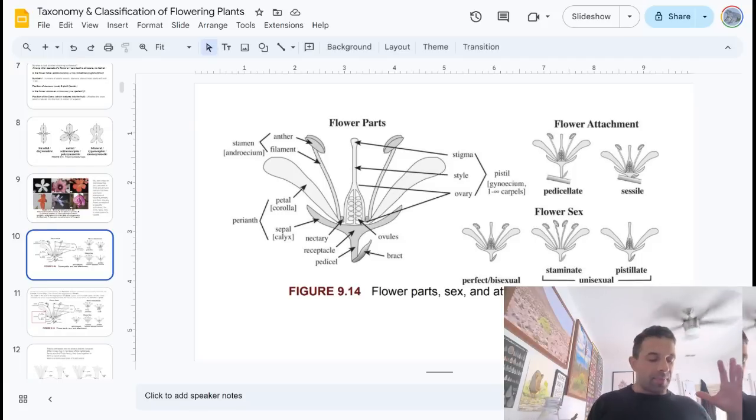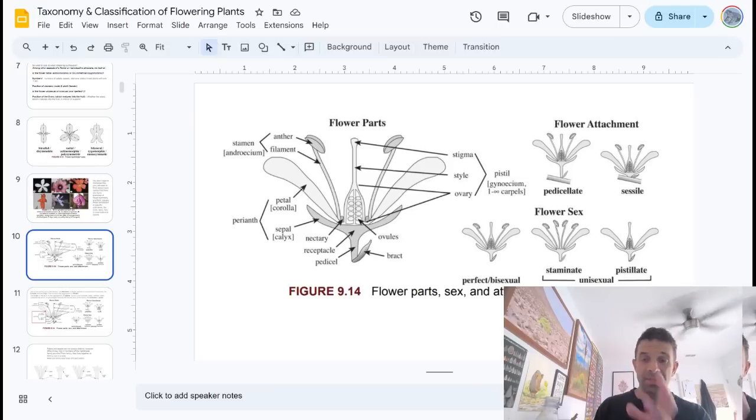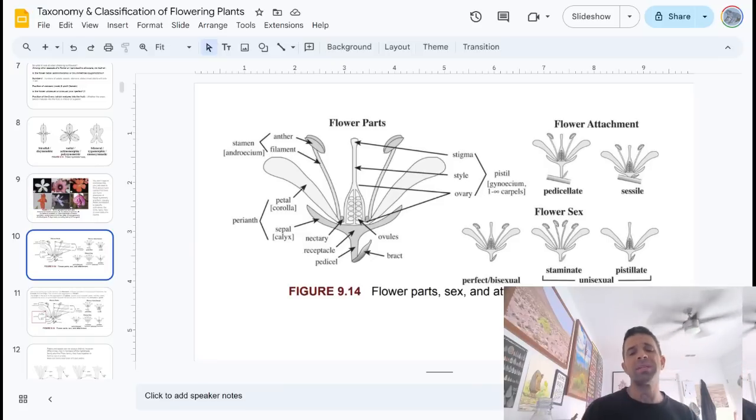Okay, so you got the bryophytes, that's one lineage. The spike mosses and lycophytes, that's another lineage. And you have the ferns, that's another lineage. That's a monophyletic group. And then you've got the gymnosperms, like the pines, the redwoods, the ephedra, aka Mormon tea, Welwitschia, ginkgos, cycads, that's gymnosperms. And then you've also got the angiosperms, right?